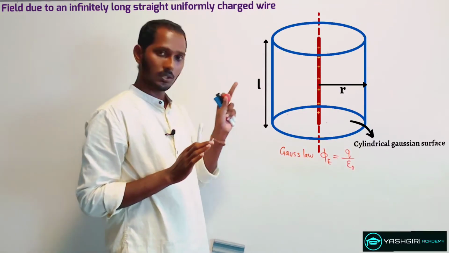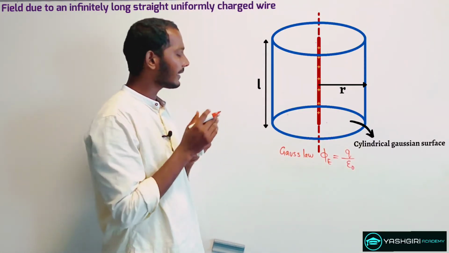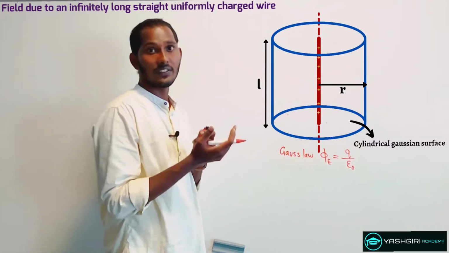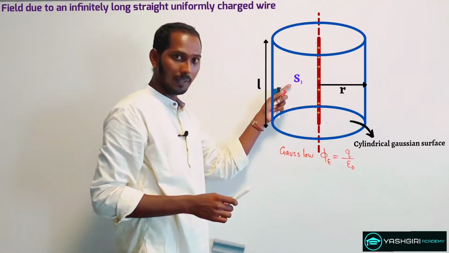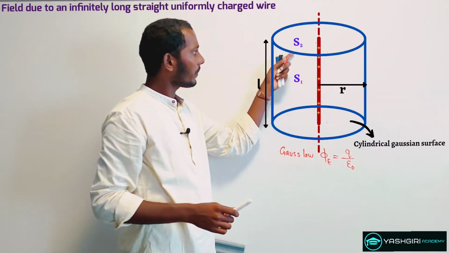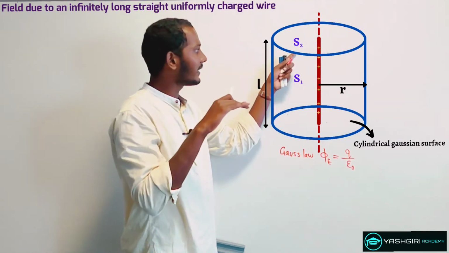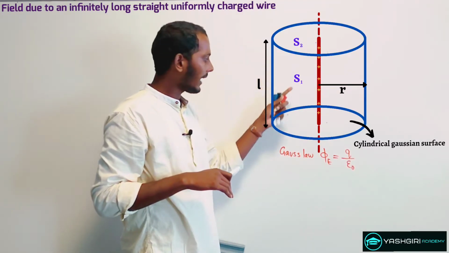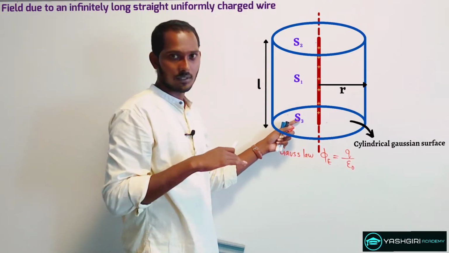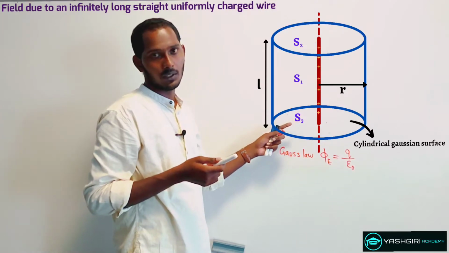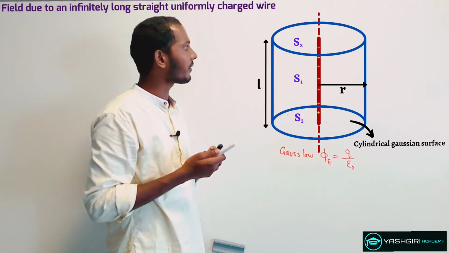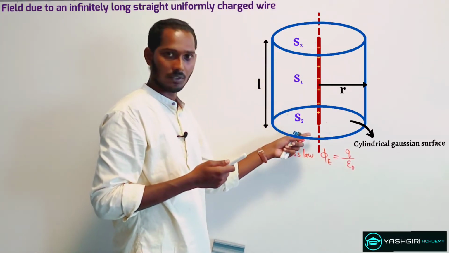Now when I see the Gaussian surface, I see that there are a total of 3 surfaces. One is your curved surface, let me call this S1. Let S2 be the top face of that cylindrical Gaussian surface, and S3 is the bottom flat surface. Here I need to calculate the electric flux from each of the surfaces.